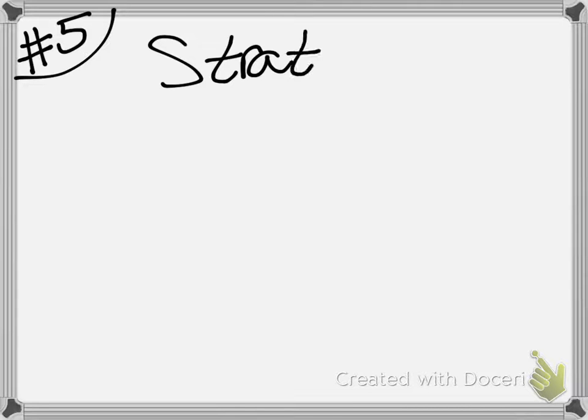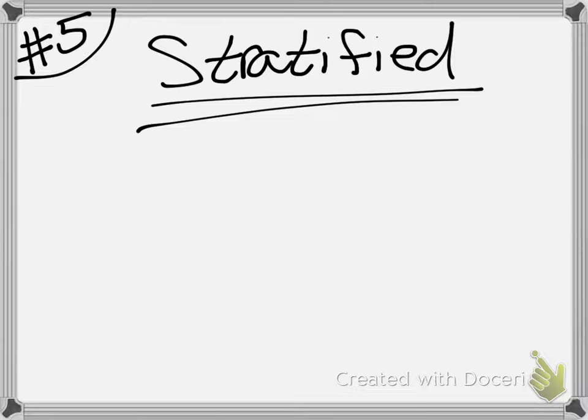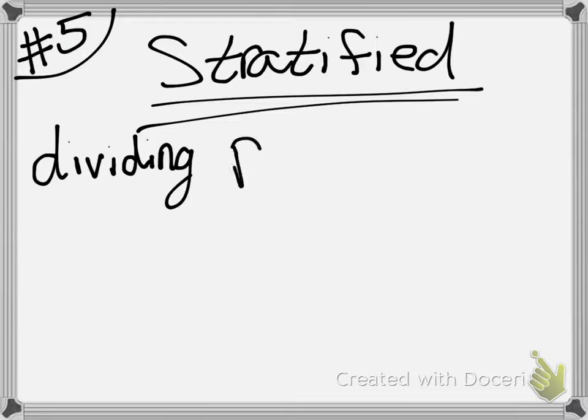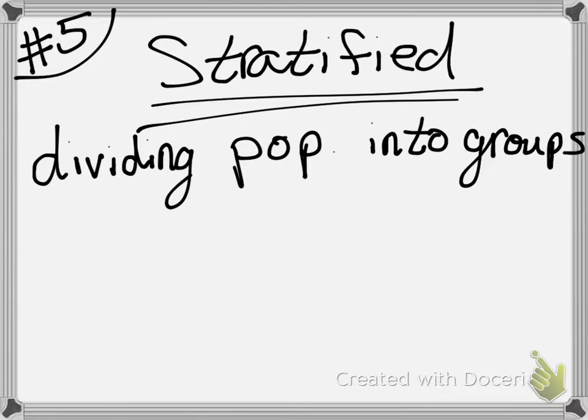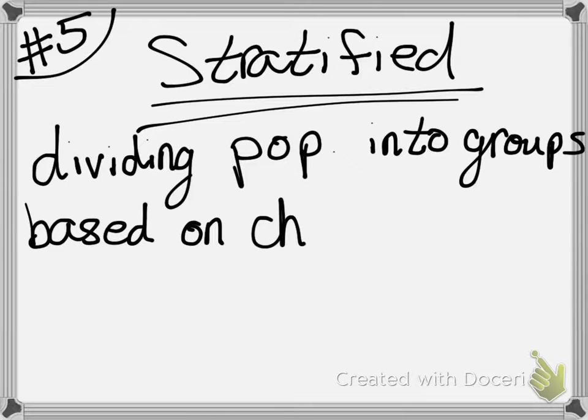And the last sampling technique is stratified. And this is very, very similar to cluster because we're dividing the population again into groups. But this time it's going to be based on characteristics.